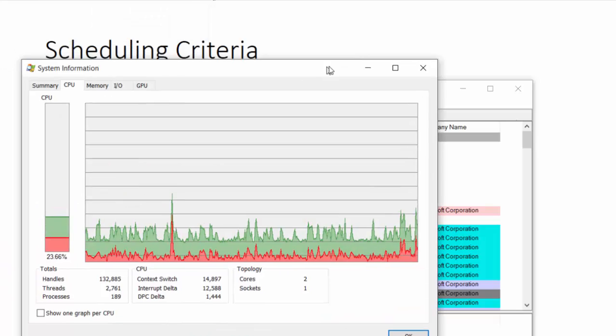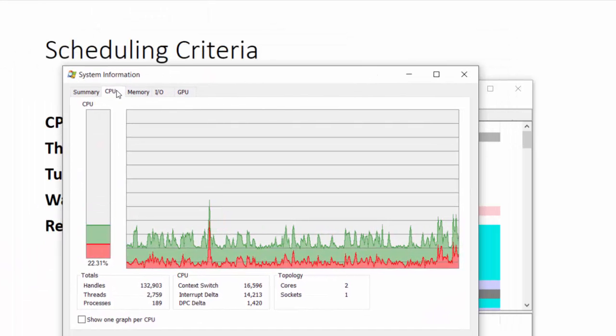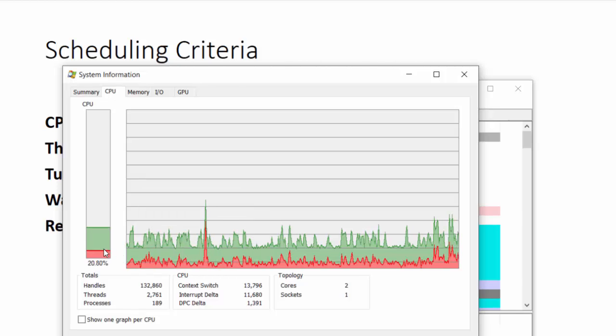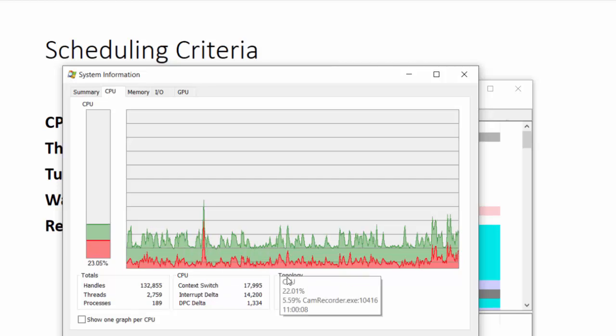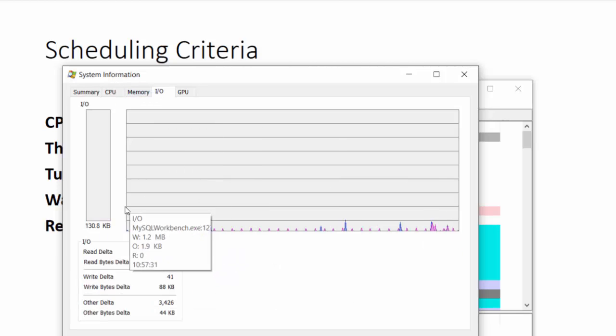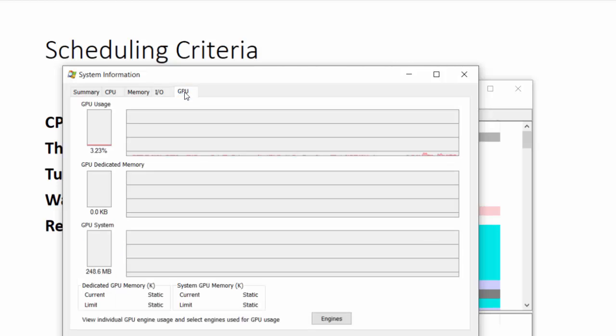It even has a graph showing you how much of the CPU it's using. And in this case, I think I have probably 2 CPUs, 2 cores, right? There's also IO. It's also giving an indication of how much IO, or input output, is going on. And in my case, there's even a specific chart showing graphics.